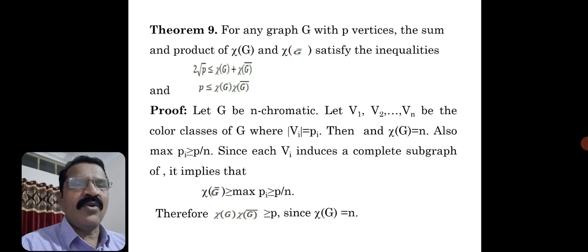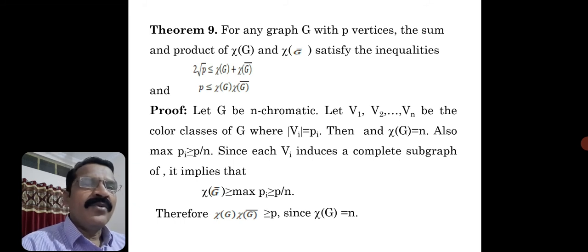This is how V1, V2 and Vn are the color classes of the graph G, where the modulus of Vi is equal to pi. It implies the number of vertices in the set V1 is p1, the number of vertices in the set V2 is p2, and like that, the number of vertices in Vi is pi.